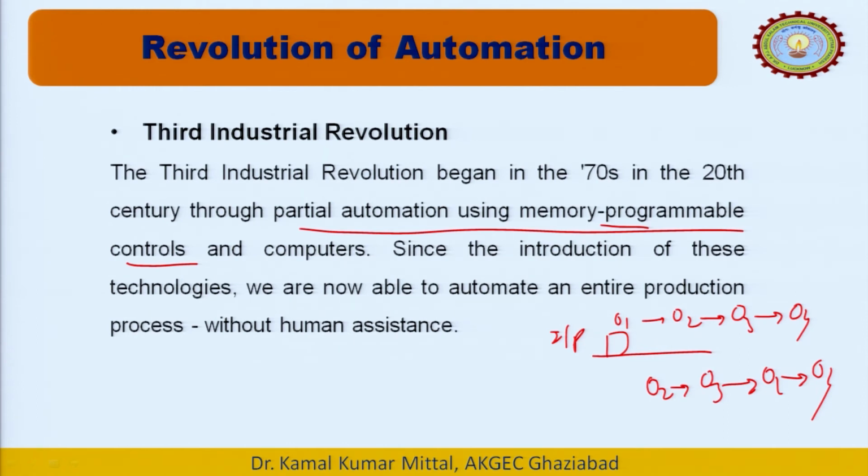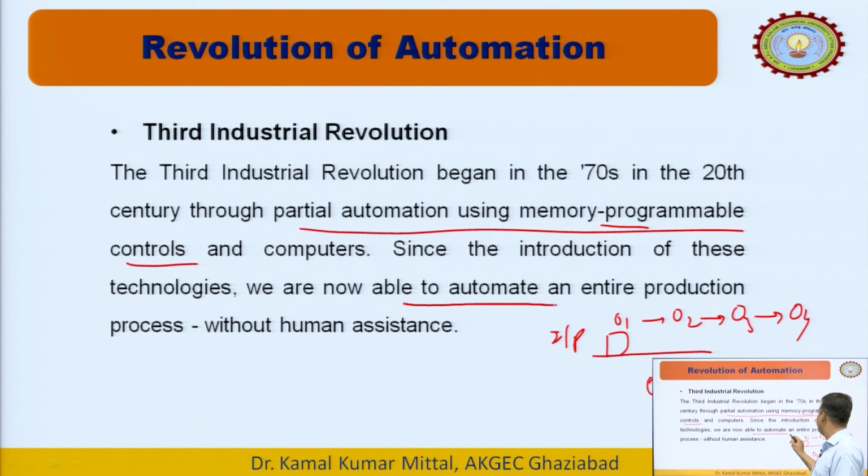Since the introduction of this technology, we are now able to automate an entire production process without human assistance. So these are the three industrial revolutions.